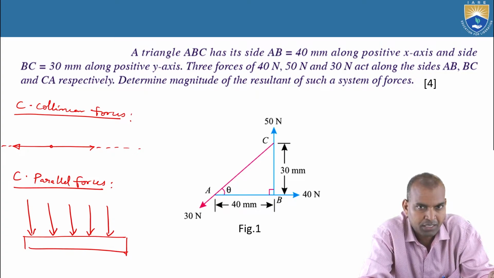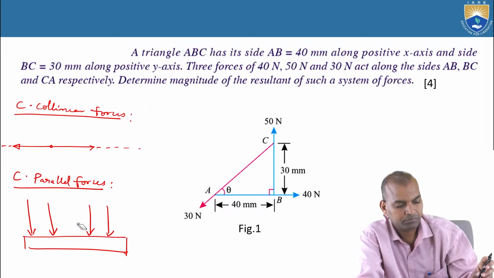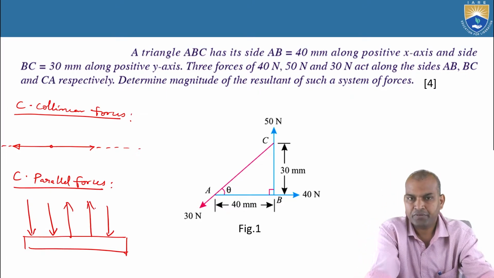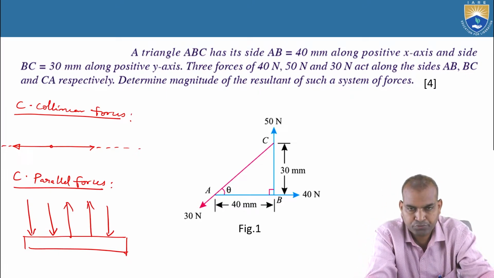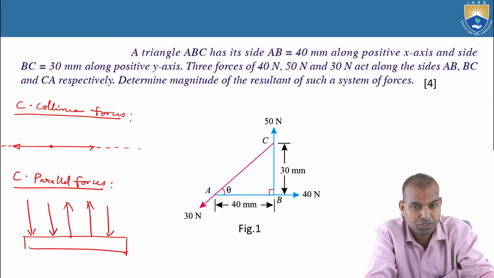What about another case? Suppose some of the forces are acting downwards and two forces are upwards, but all parallel to each other. That type of force system is known as coplanar unlike parallel forces system.